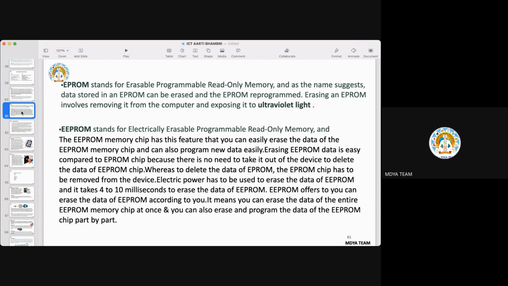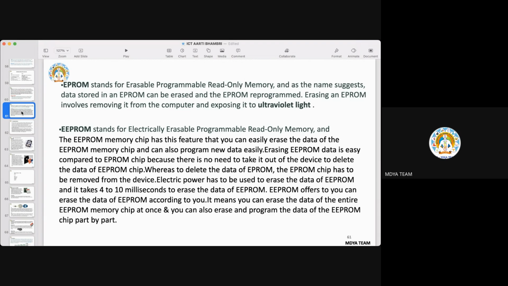All right. If the ROM is an EPROM, then you have to take it out and expose it to radiation, because within the computer, radiation cannot be focused on a particular chip.